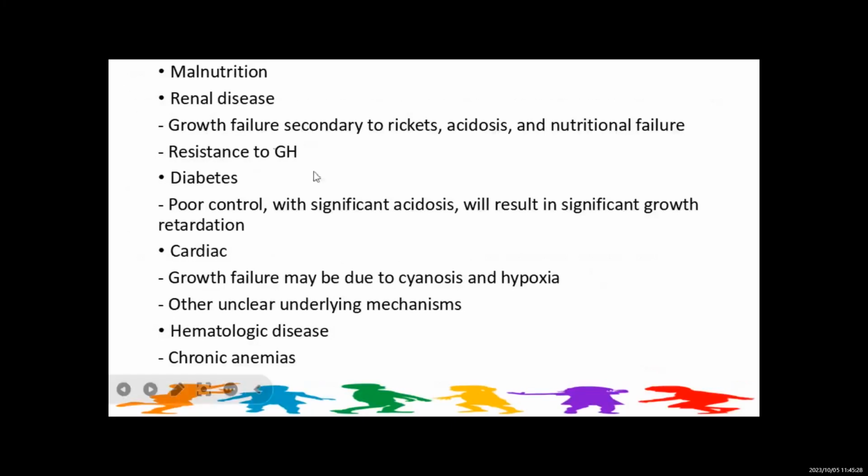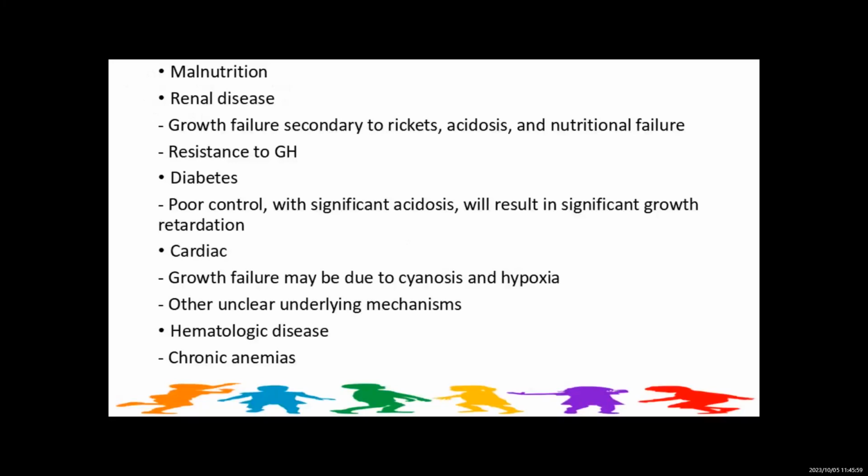So malnutrition can easily lead to short stature. Apart from that, there are some renal diseases that can also cause growth failure. We also have diabetes, which can also lead to significant growth failure or retardation.